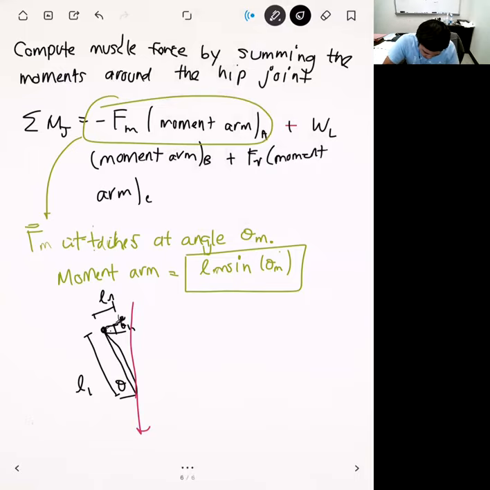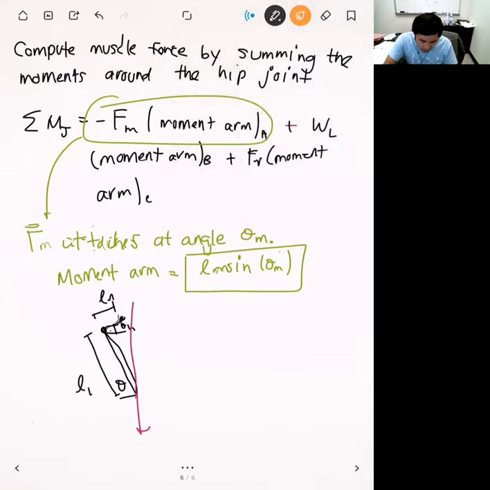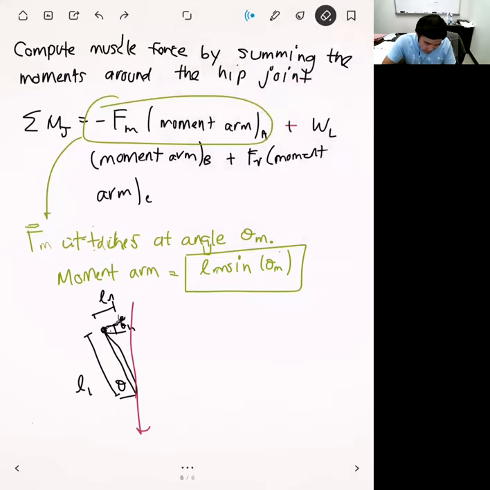For the distance between F1 and the point of attachment, we have this length right here. Actually, let me move L1 to the other side. And so L1 is the hypotenuse of this triangle right here.